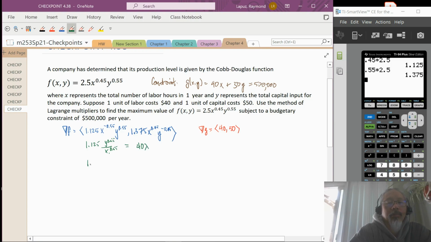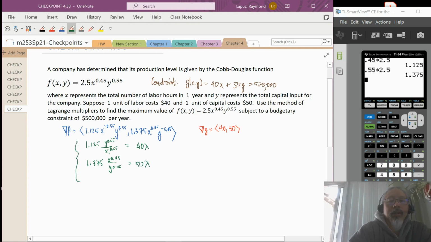And then we'll have 1.375. We'll write it again with positive powers, that's x to the 0.45 power divided by y to the 0.45 power, and this is going to equal 50 lambda.